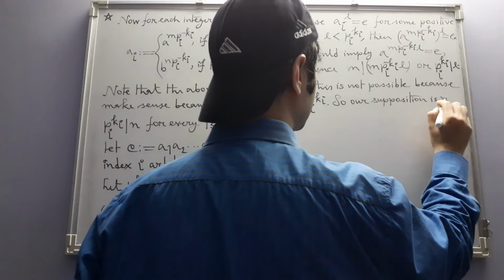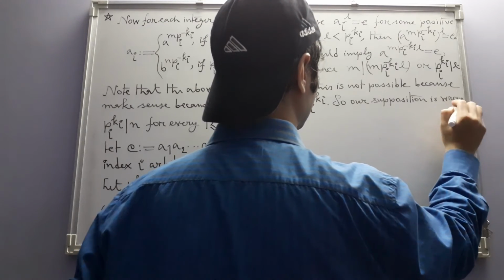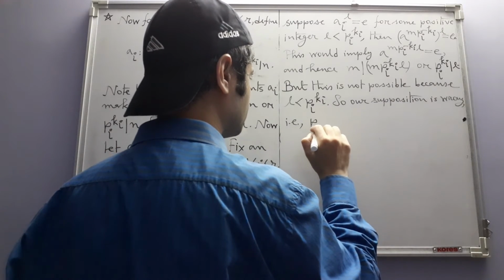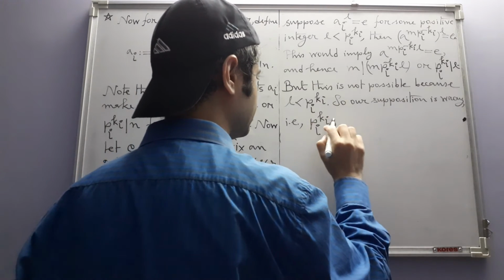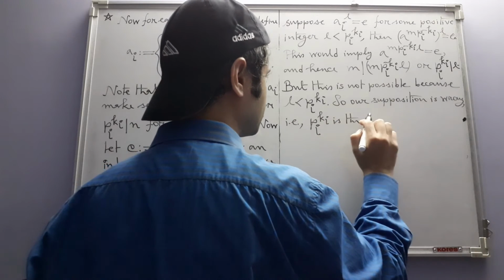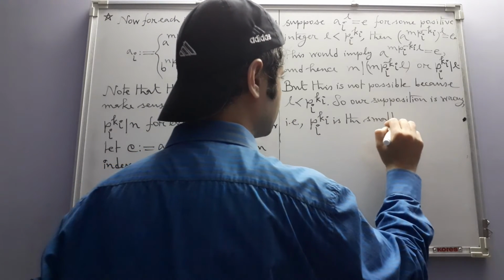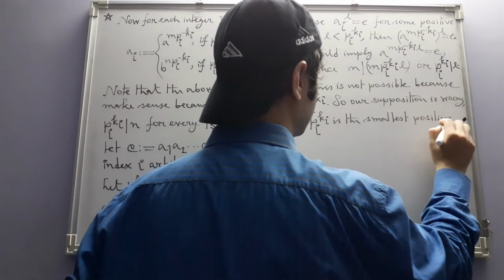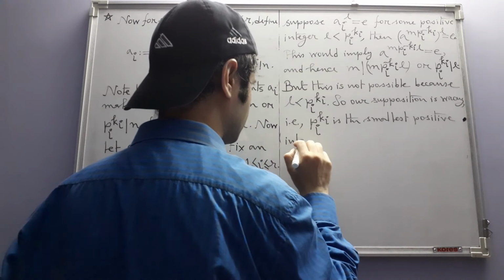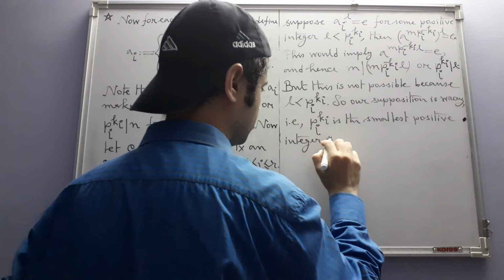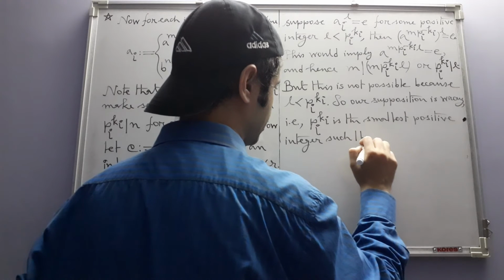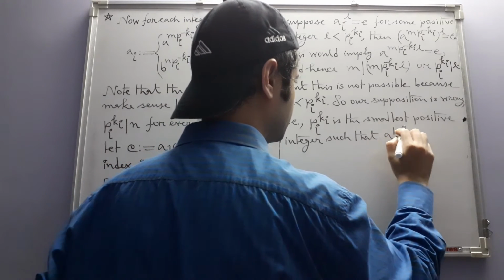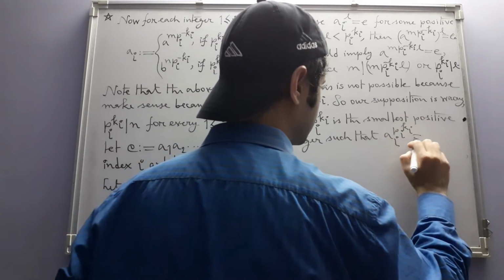So our supposition is wrong, that is, p_i to the power k_i is the smallest positive integer such that a_i to the power p_i to the power k_i is equal to identity.